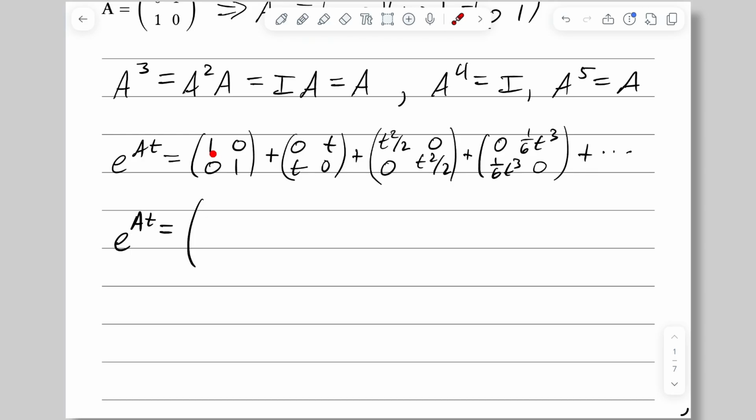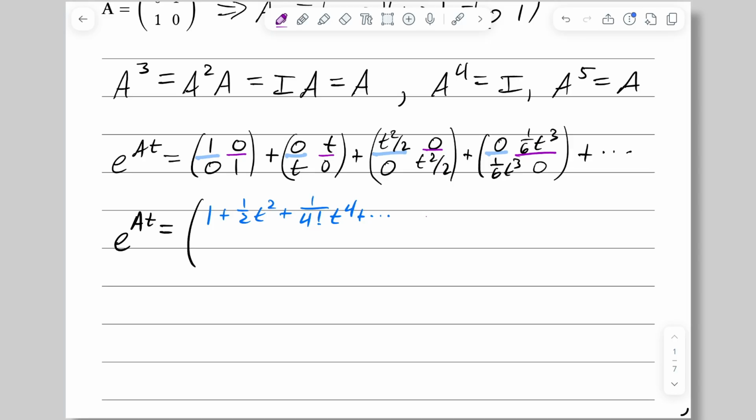Well, we can see in the upper left what we have is 1 plus 0 plus t squared over 2 plus 0. And you can probably guess the pattern from that. I'm going to write it down as 1 plus 1/2 t squared plus 1 over 4 factorial t to the fourth, and so on. In the upper right corner, we have 0, t, 0, 1/6 t cubed.